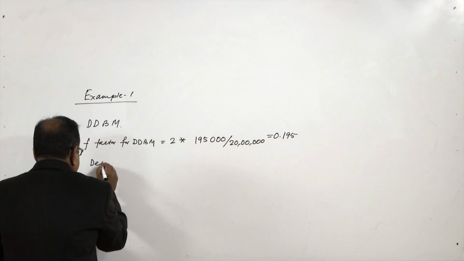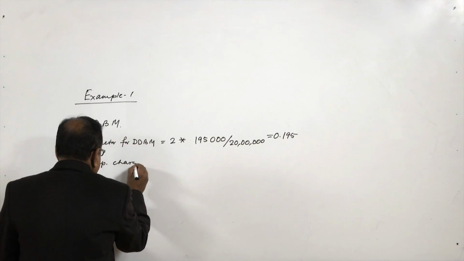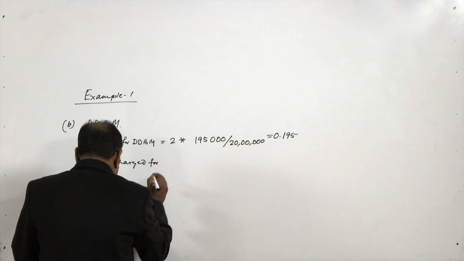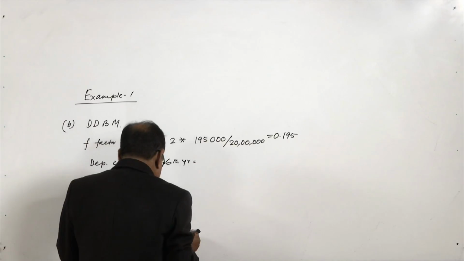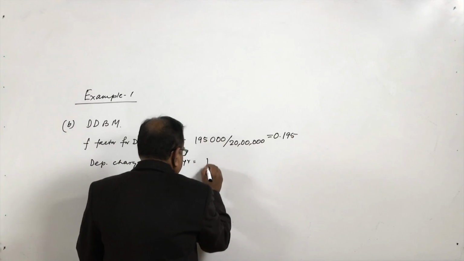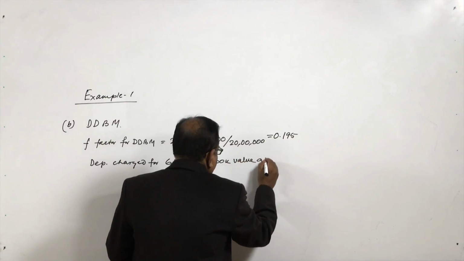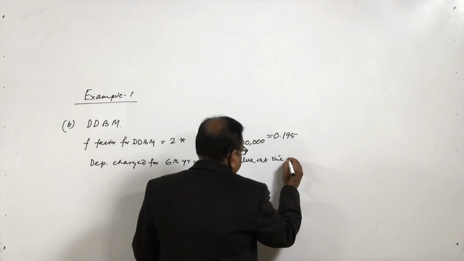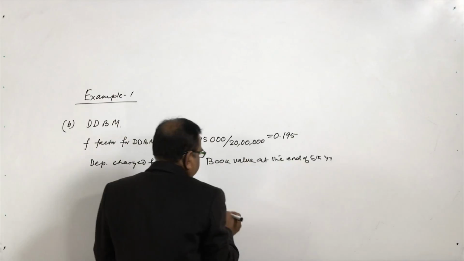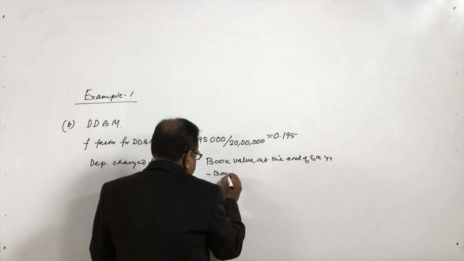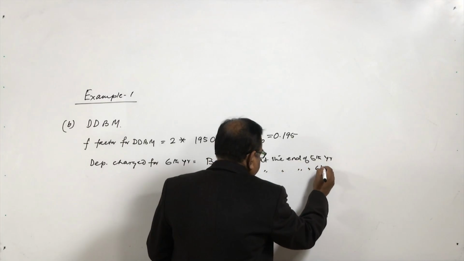Now depreciation charged for 6th year is equal to book value at the end of 5th year minus book value at the end of 6th year.